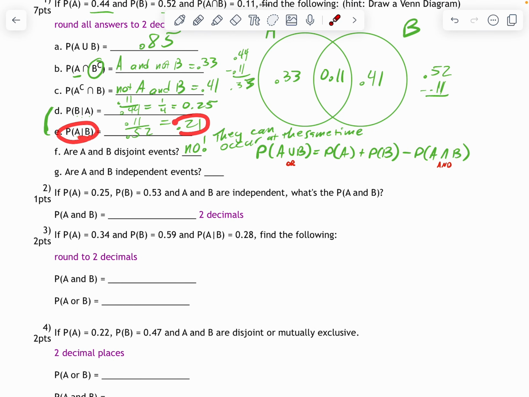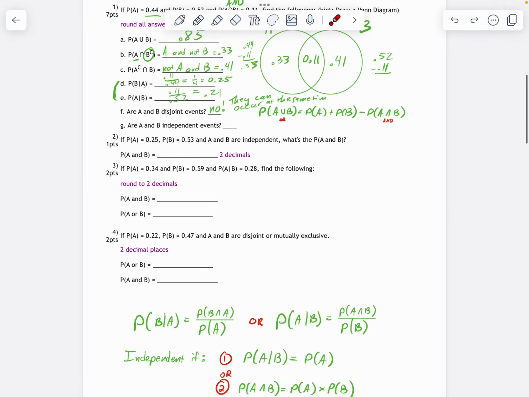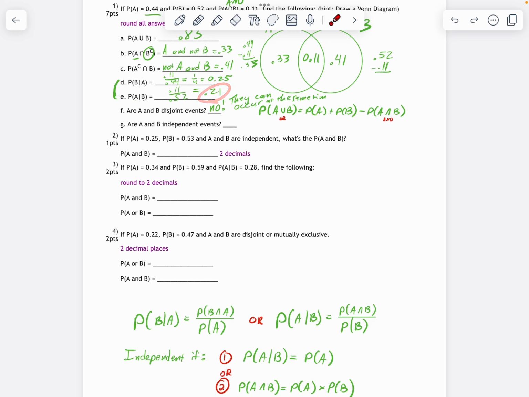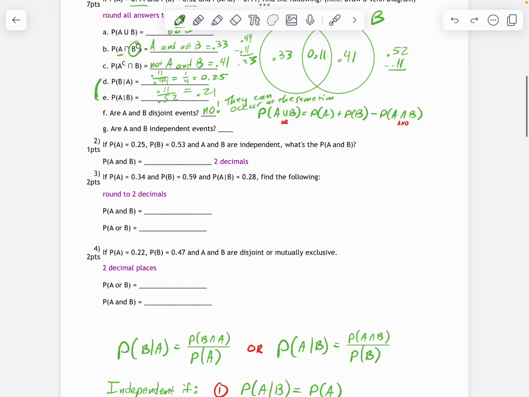We got 21%, right? Is that the same as the probability of A? No, the probability of A is 44% up here. So I think all of you should be getting a no here, okay?